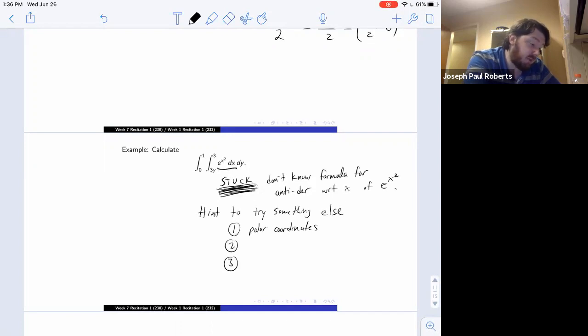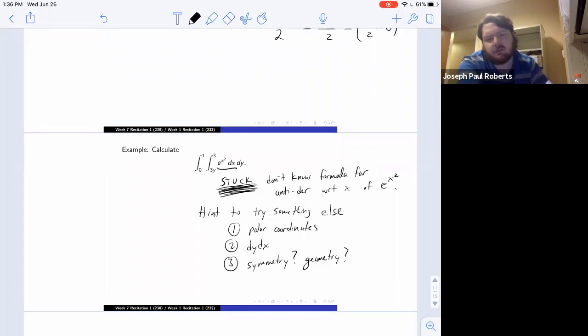I guess you could try dy dx, and then is there some kind of symmetry or some kind of geometry such that we already know this answer? I'm going to show you some of those tricks on Friday, most likely.